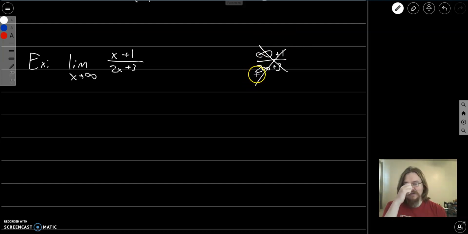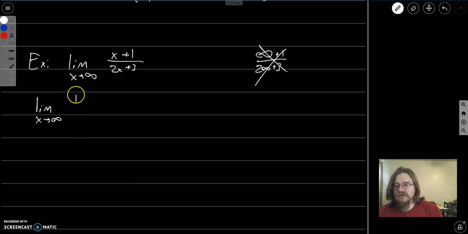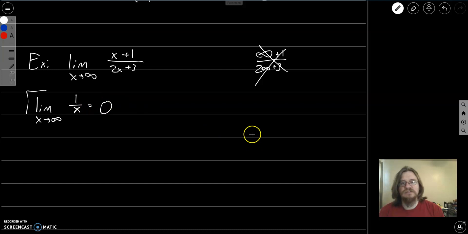And the trick that I'll show you relies on one other fact. If you recall from last time, meaning maybe 2 lectures ago, the limit as x approaches infinity of 1 over x, which we've done before, is equal to 0.